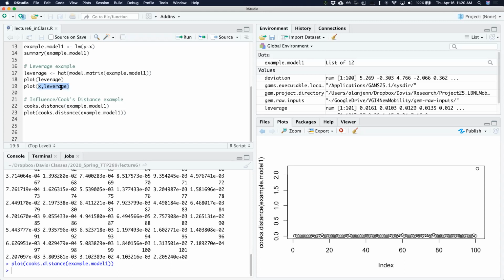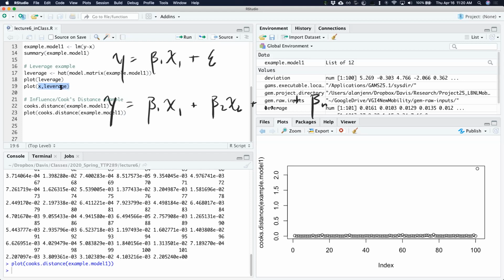Where we were doing something like y equals beta 1 x1 plus your error term, now we're going to expand to think about what happens when we have multiple variables. So beta 1 x1, beta 2 x2, and so on, all the way to beta n xn, plus your error term.